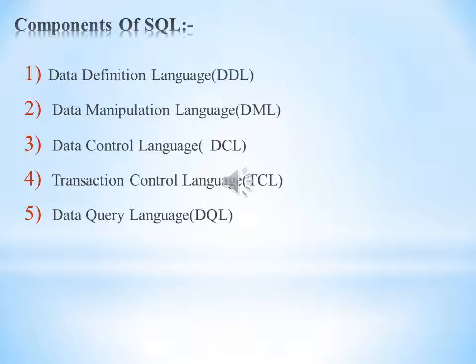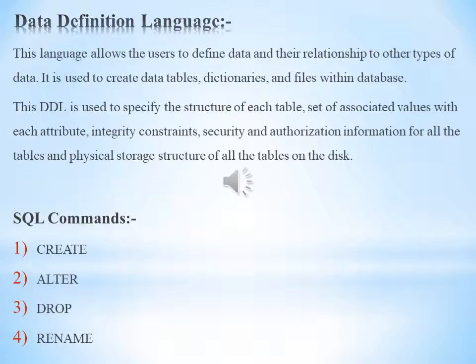Second, data manipulation language is DML. Then data control language, DCL, and transaction control language, TCL. And then data query language is the fifth. These are the components of SQL.